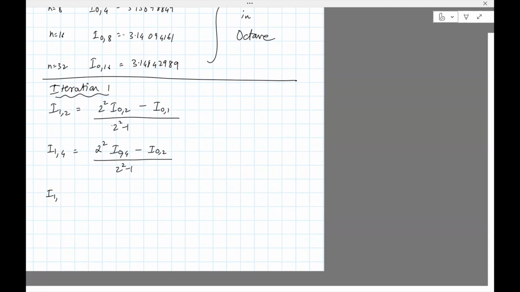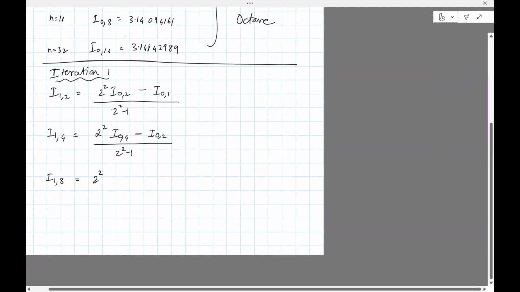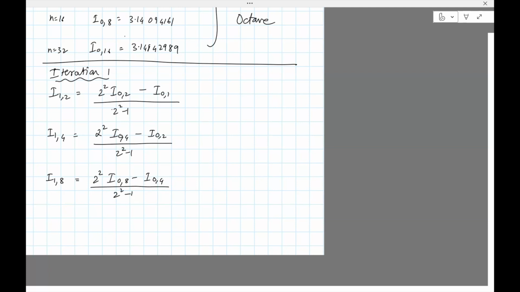Then I1,8 is 2 square I0,8 minus I0,4, and I1,16 is 2 square I0,16 minus I0,8 divided by 2 square minus 1.